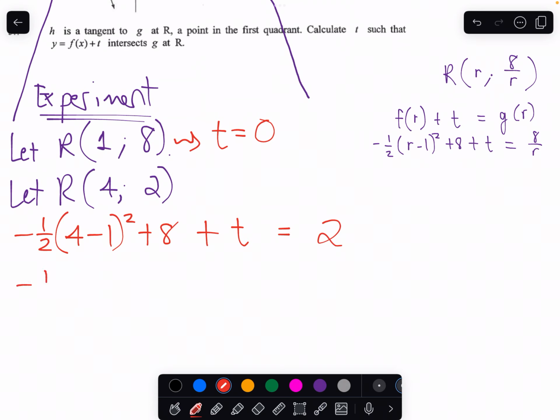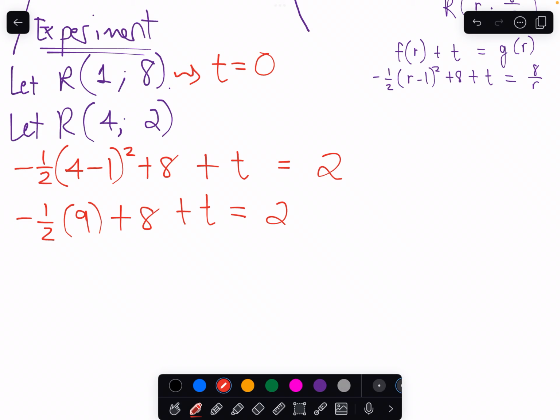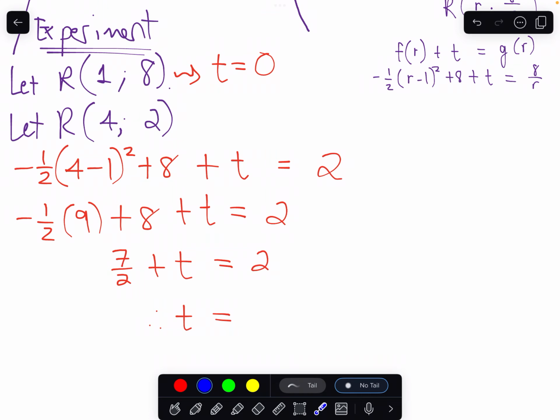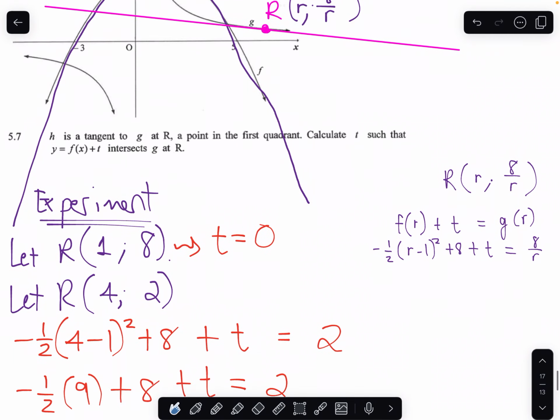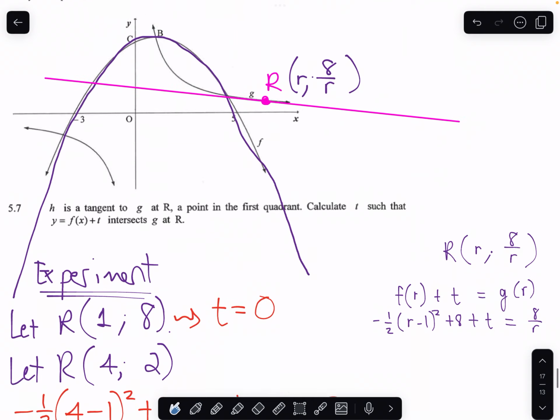So then that would be minus a half times 3 squared. And then we would have negative 9 over 2, which is negative 4.5, plus 8, which is 3.5. So then t would have to be, so 2 is the same as 4 over 2, so that would be negative 3 over 2. So really it's going to change depending on which r we choose.